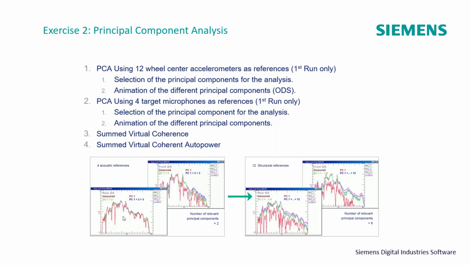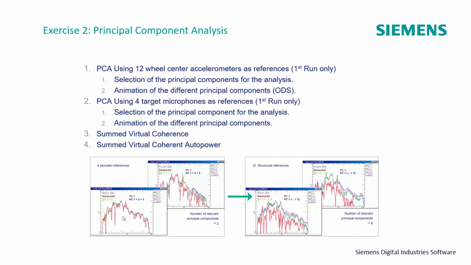On the right side, we're looking at the 12 references at the wheel centers. So there we have 12 structural phenomena, and when we looked at the principal component auto powers, we had 6 of them. The slide is showing on the left side, for the rear left, the measured data as the purple curve, then the sum of all the principal components as the blue curve, and the green curve is the first 6 principal components.